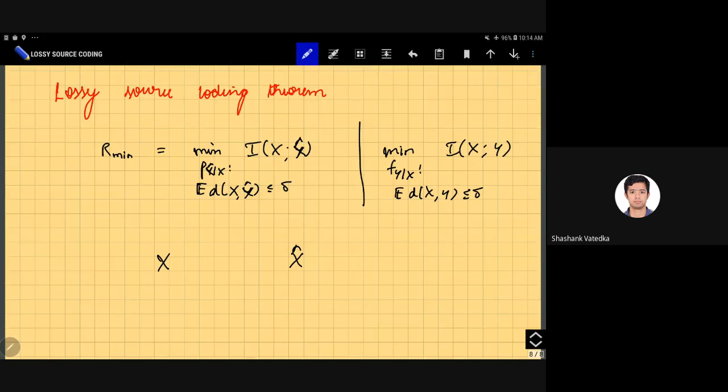And obviously you want to ensure that the average distortion between x and x hat is less than or equal to delta, right? And our goal is to find out what is the amount of information that needs to be stored about x hat given a random variable x, right? And that turns out to be equal to H(x hat) minus H(x hat given x).